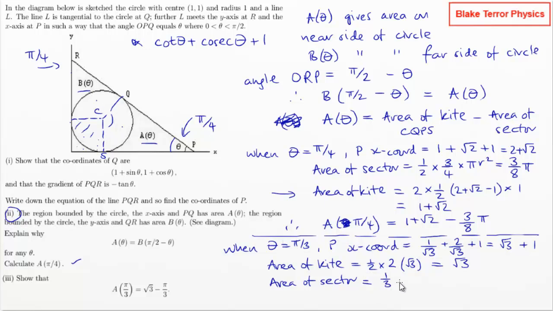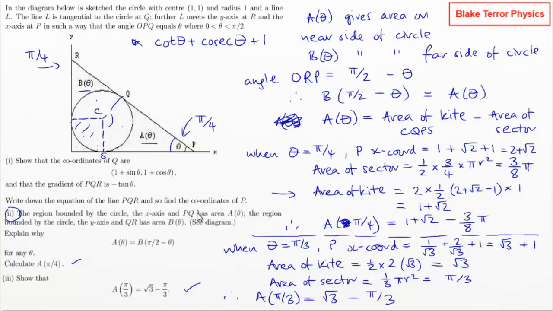So it's going to be 1/3 of pi r squared, which is pi divided by 3. So therefore the area for pi divided by 3 is going to be equal to the area of the kite, which is root 3, minus the area of the sector, which is pi divided by 3, which is exactly what they wanted. Right, okay, that just fell out quite nicely.